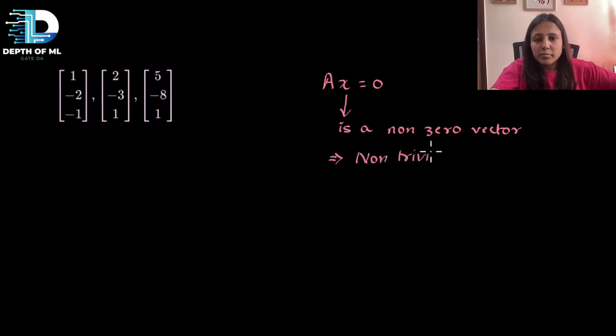We know Ax equals 0. Suppose I have given you a matrix and I want to find a vector x which gives me this 0. If this x is a non-zero vector, then there is a non-trivial solution to the system.